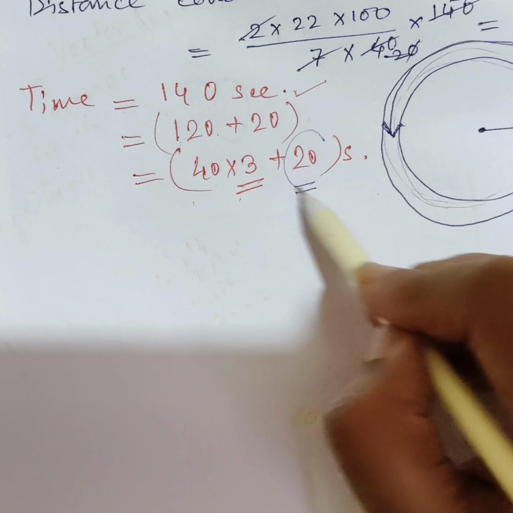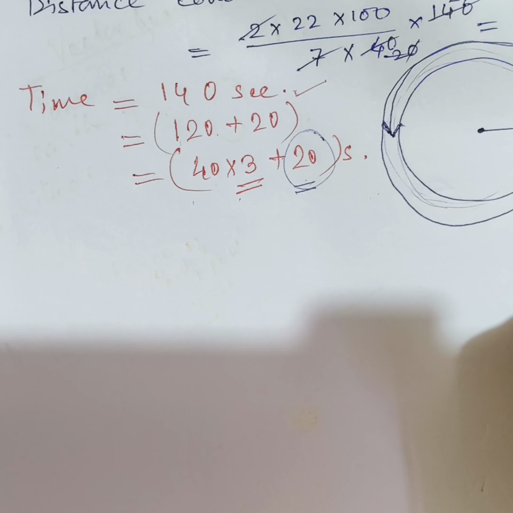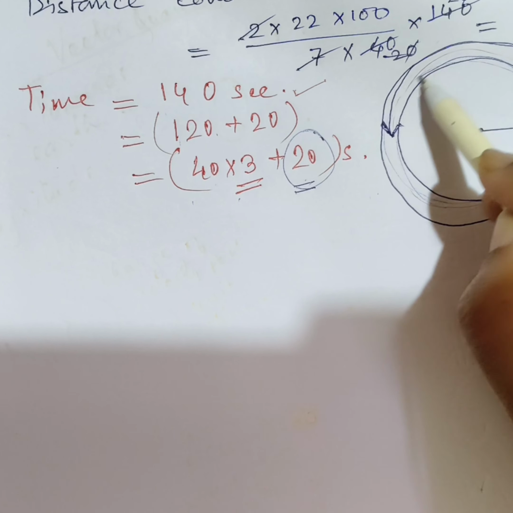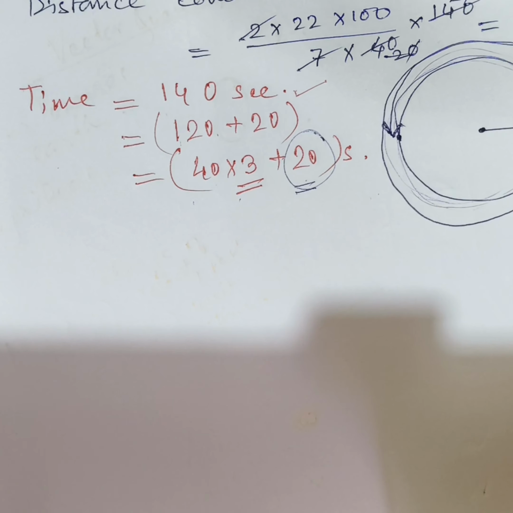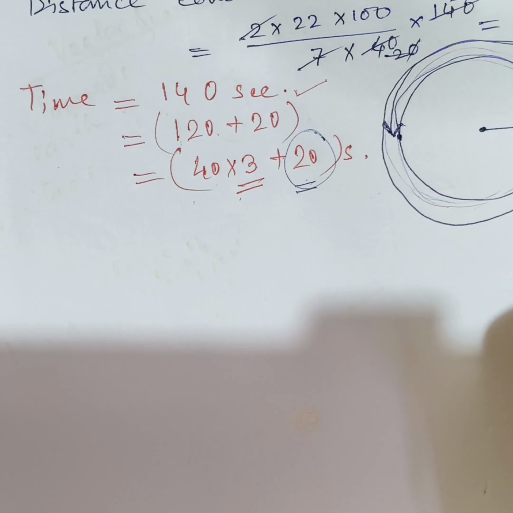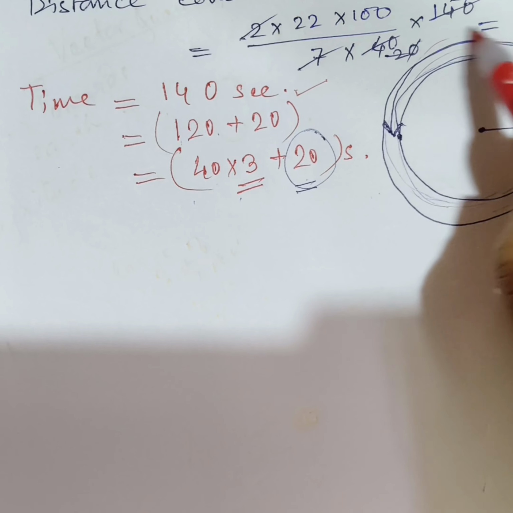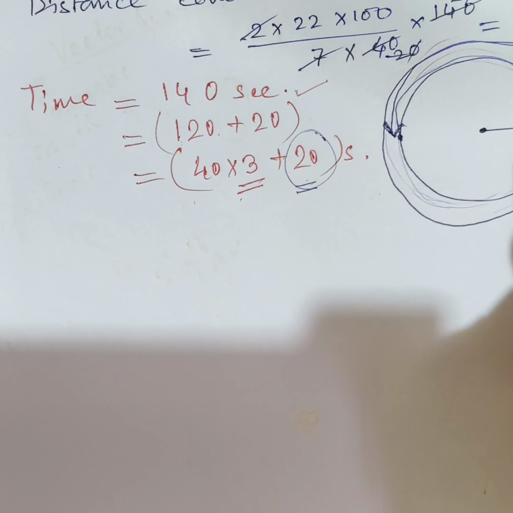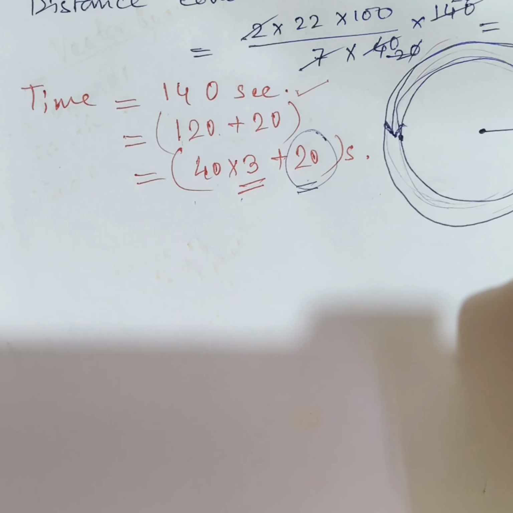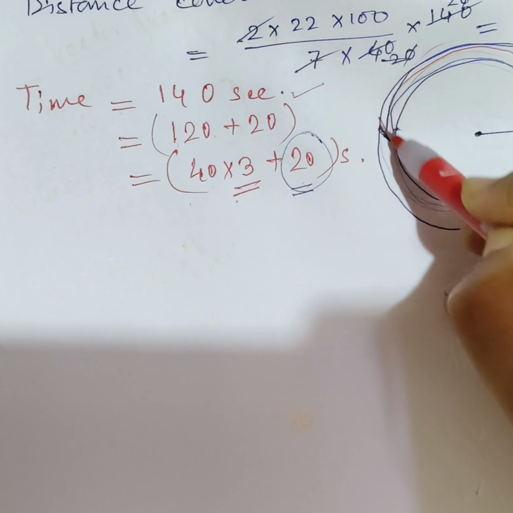But then there were 20 more seconds when he was running, and if in 40 seconds he goes the complete distance, then in 20 seconds he'll go half the distance. That means after 3 rounds, 1 round is 40 seconds, so 3 rounds is 120 seconds, then in another 20 seconds he moves from here to here.